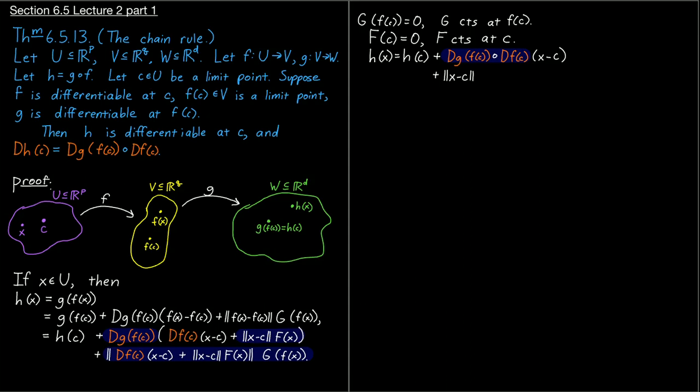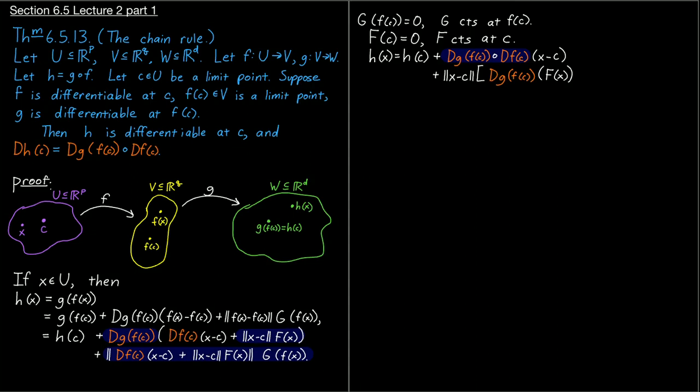We can pull the scalar out of the linear operator. And then what we've got is dg of f of c, and then you plug in F of x, because f goes from U to R^q, big F of x also goes from U to R^q.